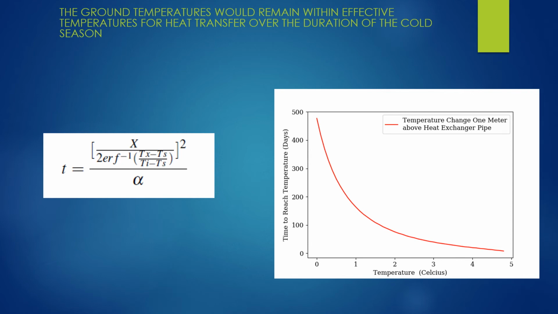diffusivity of the soil. And then on the right, you can see our result here with the temperature change at 1 meter above the heat exchanger pipe. We put the heat exchanger pipe at 12 feet deep, approximately 3.5 meters. And the temperature change there, over the course of 100 days, the temperature only dropped from 5 to about 1.5 degrees Celsius.